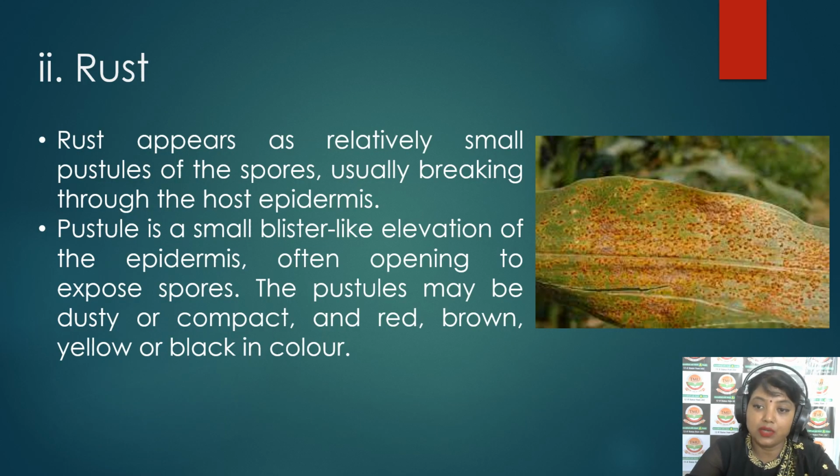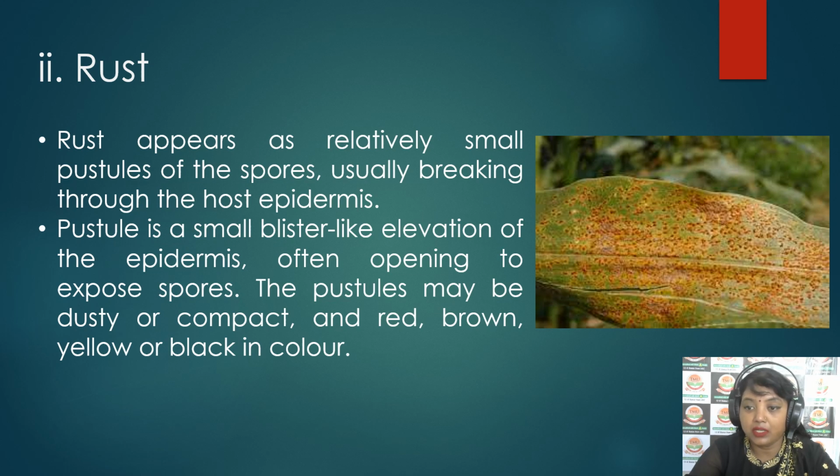Now rust. As we see rusting on iron, similar symptoms are seen in the leaves also. Rust appears as relatively small pustules of spores, very small pustules. You can see the images. It is a small outgrowth where spores are seen on the host epidermis. The pustule is like a small blister-like elevation of the epidermis.